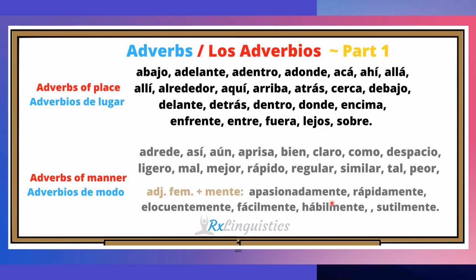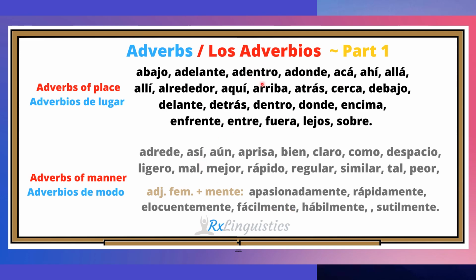Okay, the mente makes it possible for the adjective to change class and become another part of speech. Okay, and it's not only for adverbs of manner, for other adverbs it's possible to do that. So it's just a tip that you need to learn at this stage.